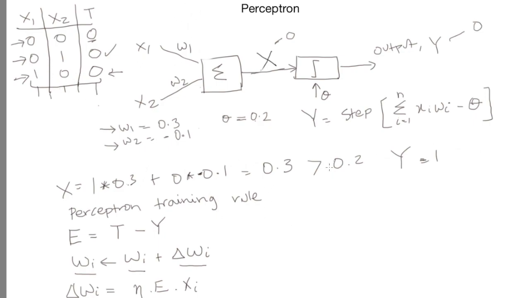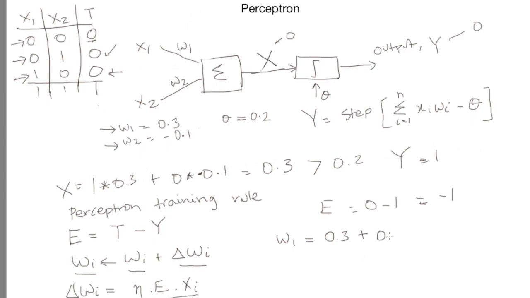Coming back to this example, let's see how the weights are adjusted for this particular set of inputs. So here the target output was 0, but the neuron produced 1. Therefore, the error is going to be -1. Weight 1 is going to be adjusted as follows. So the old value of W1 plus a small change in weight, which is defined by this expression here.